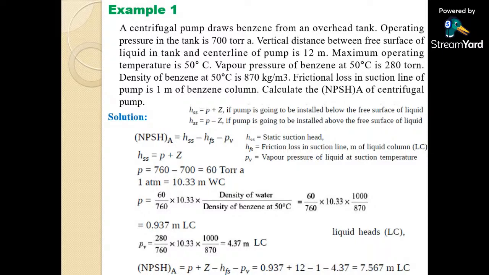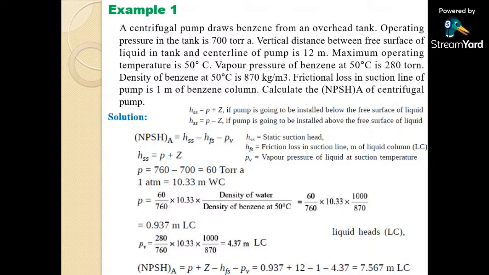Check the answer. What is the value of NPSH? So what is 60 torr? P equals 60 torr equals how much water column? 0.81 meter of water column.